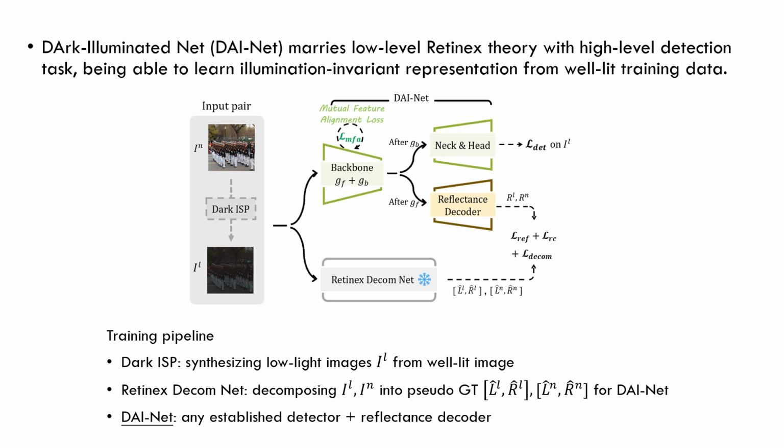And secondly, we have a pre-trained and frozen Retinex decomposition network that will decompose the paired images into pseudo ground truths, the reflectance and the illumination maps, for the supervision of DAI-Net. And at last, we have the proposed component, DAI-Net. It can be established on any existing detector, and we only need to add a reflectance decoder during training.